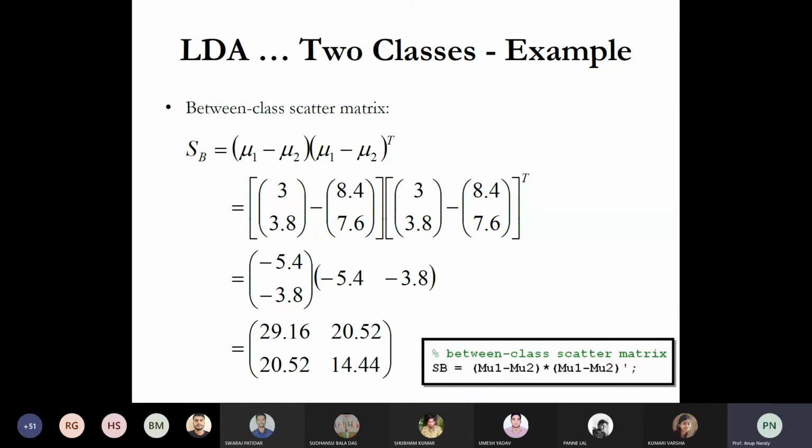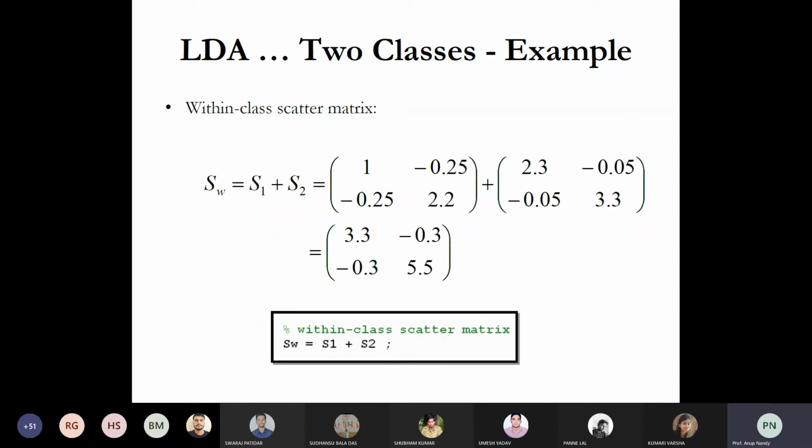This is a 2 cross 1 into 1 cross 2, so you will have a 2 cross 2 between class scatter matrix.